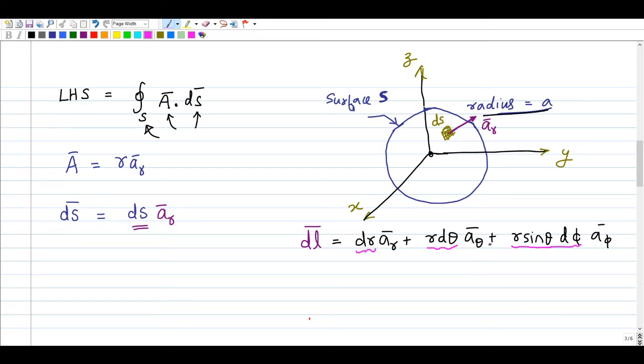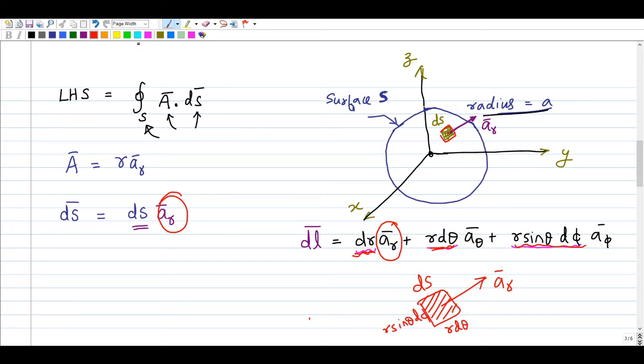Now the direction of our area dS is a_R. That direction is normal to the surface of dS. So this dr will not contribute to the area. If the differential area dS is like this, then a_R is normal to that area, so dr component will have no contribution in this area. So this area is developed by these two elemental lengths, that is r d theta and r sin theta d phi.